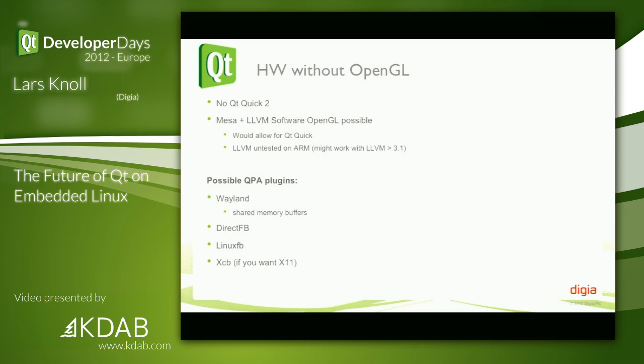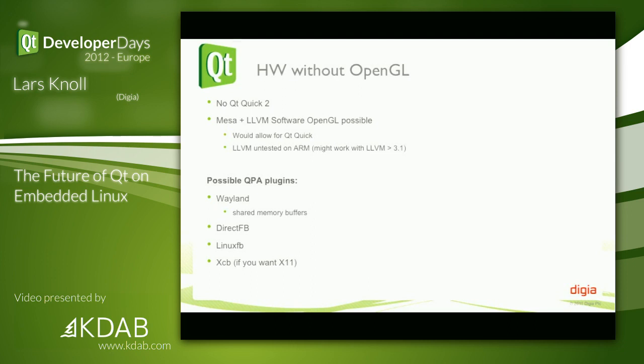So there's a project that we will probably do after Qt 5 is out: try this out, see whether we can get this to work, and figure out how to integrate that in the stack, because it actually gives you QtQuick 2. You get everything from Qt 5, and from all we know it is faster than drawing with the QPainter software implementation.